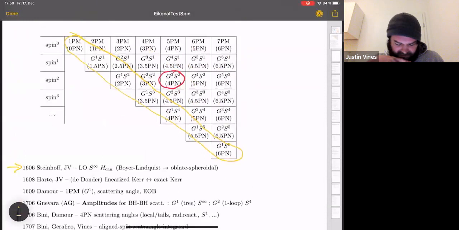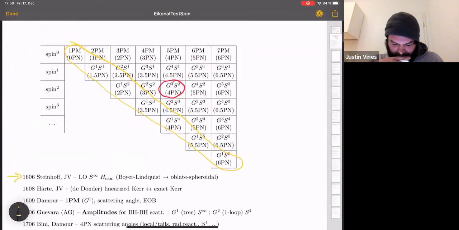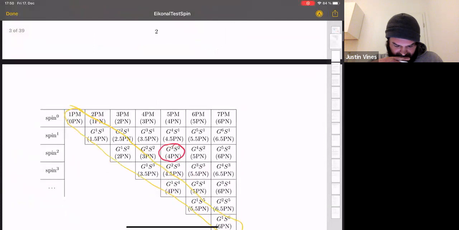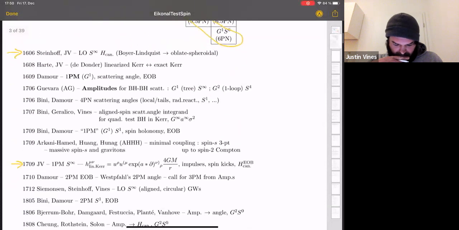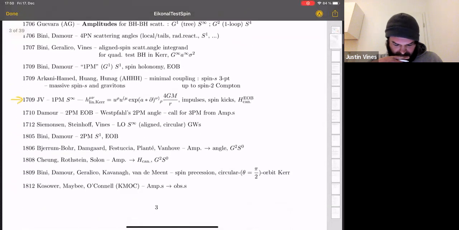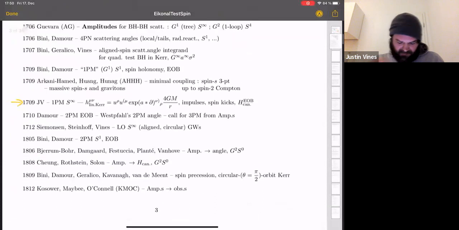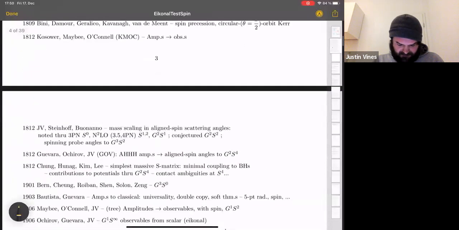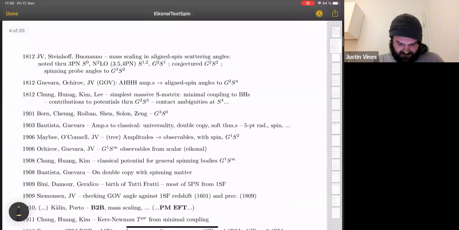And before I move on to amplitudes related things, I want to highlight a couple more things in this table. One of them being, okay, so going into 19.